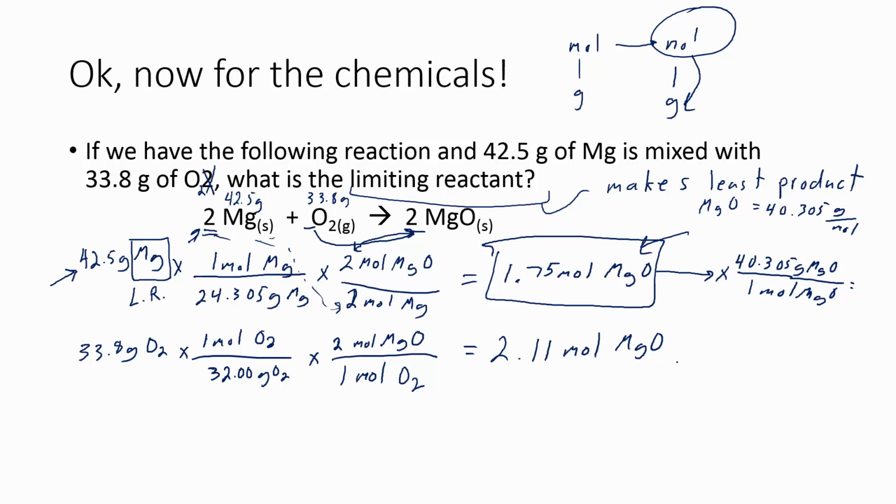So this gives us about 70.5 grams of magnesium oxide. That is our yield, our theoretical yield. That's the most we can possibly make given the conditions we've described.